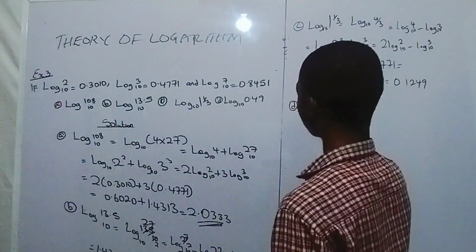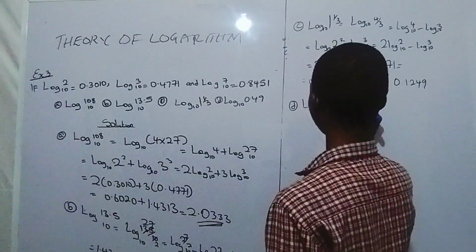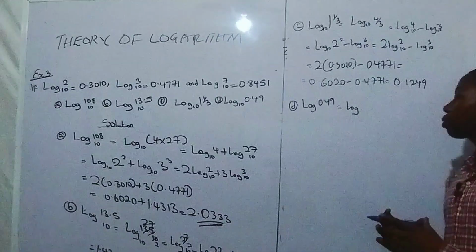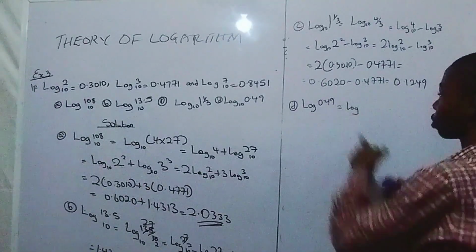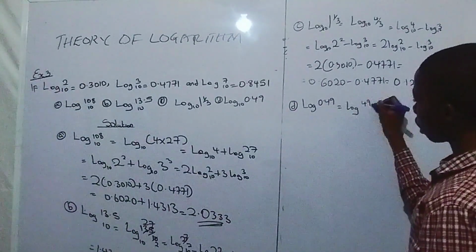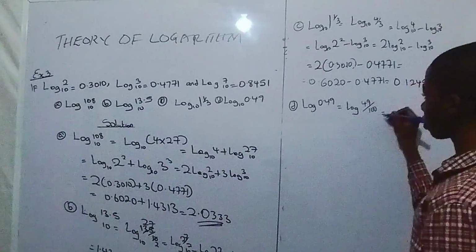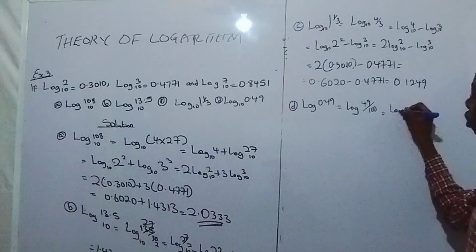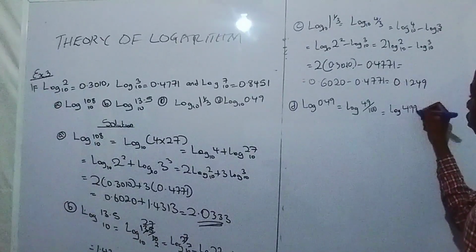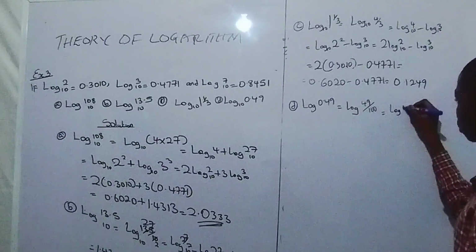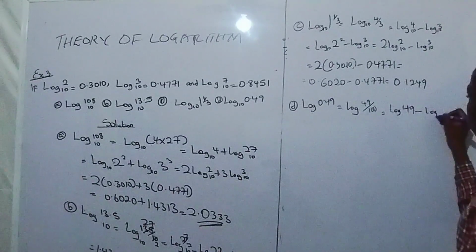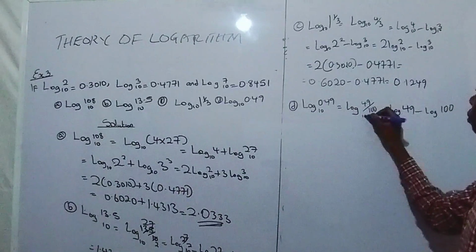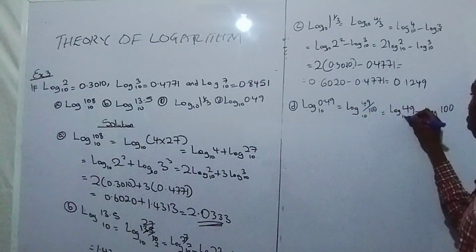So for the 0.49, this is a decimal number. The first thing we do, we change the decimal to a fraction. 0.49 is 49 over 100. And they are dividing. Division here means what? Subtraction. That is log 49 minus log 100, and it is to the base of what? 10, because the base here is not indicated.